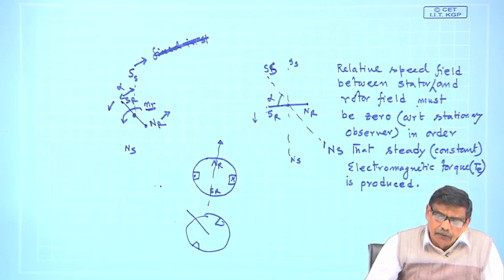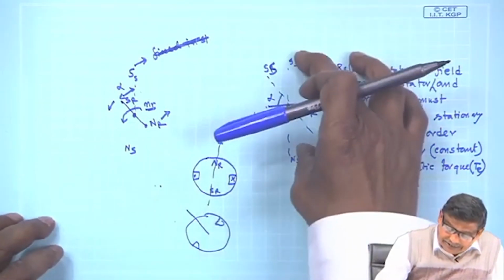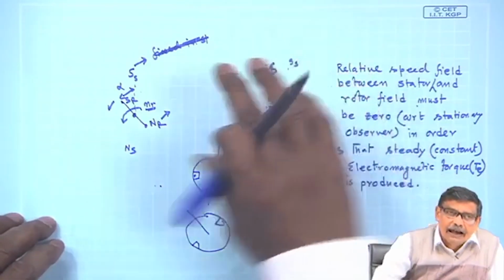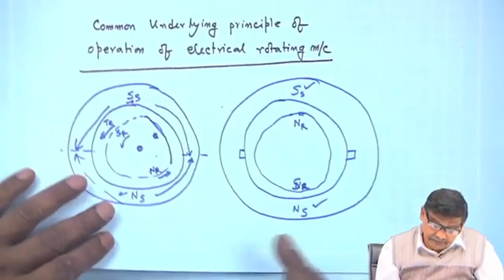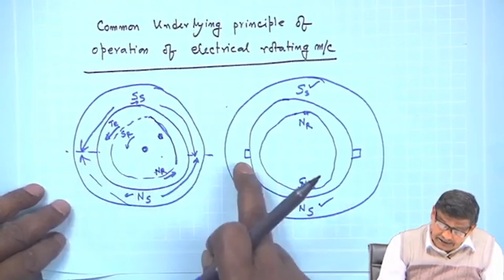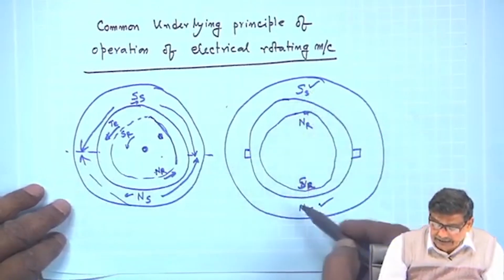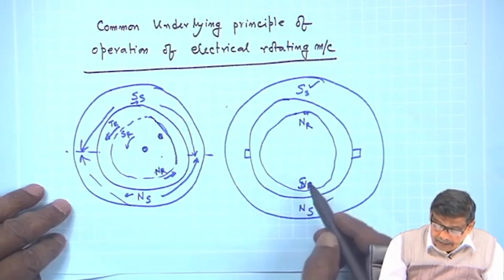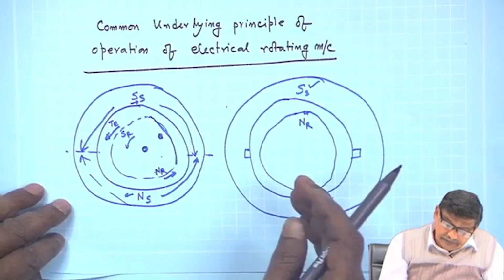Understood? And one should understand that S S N S should be advanced, and if you have a situation like this and you are passing a DC current, S S N S is produced and N R S R is also produced by some DC current.